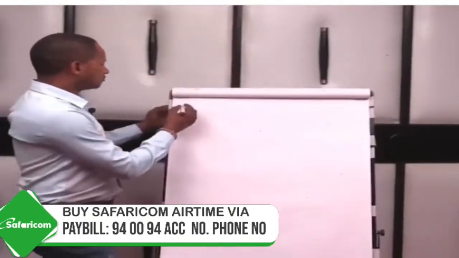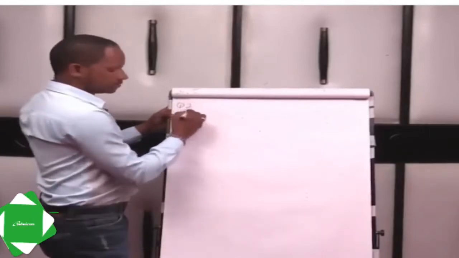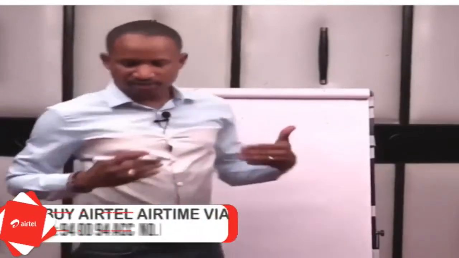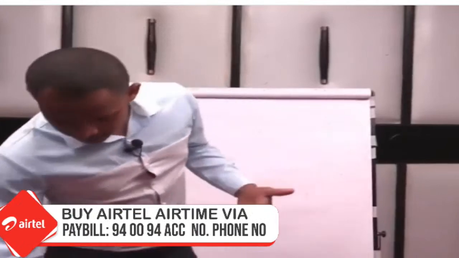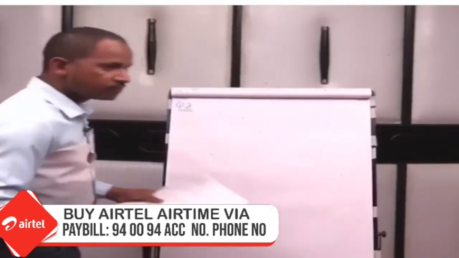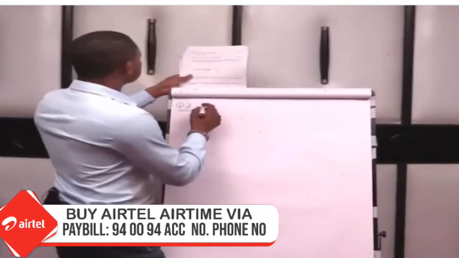Question number 2. So as Form 4s, I'll try to move a little with a little speed so that at least we save some time. So question number 2, simplify.